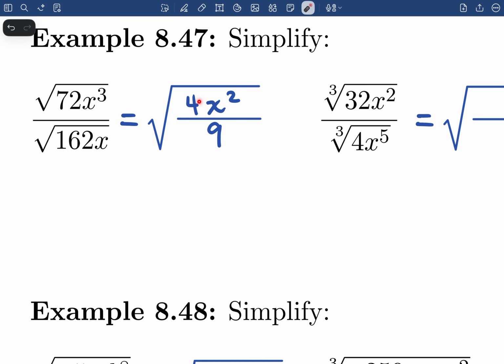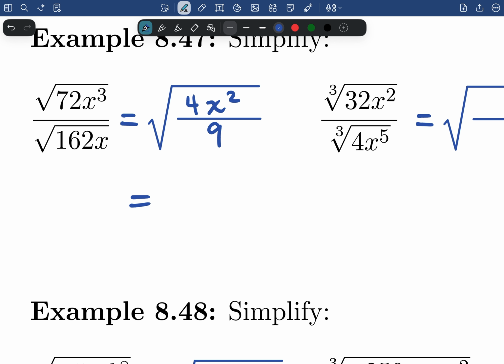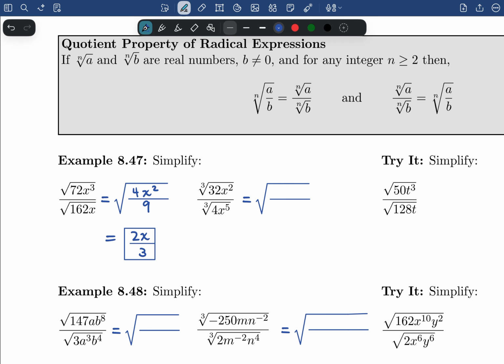So I could take the square root of 4, the square root of x squared, and the square root of 9. The square root of 4 is 2, the square root of x squared is x, and the square root of 9 is 3, and I'm done. So it simplifies all the way to this. That feels really good, that it simplified and we got rid of the radicals.